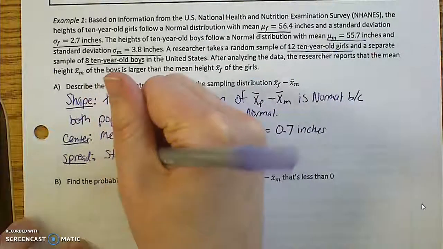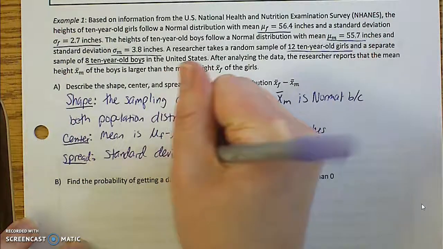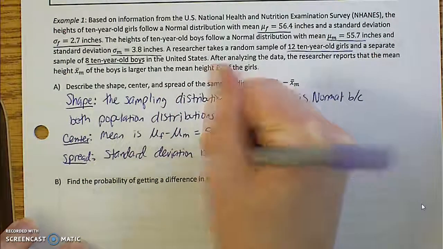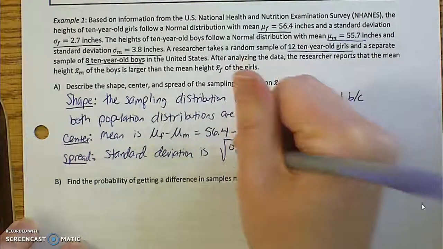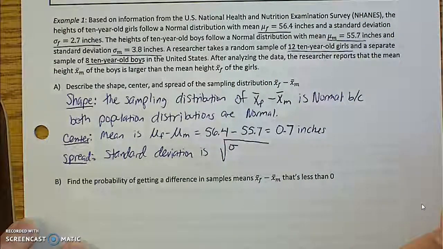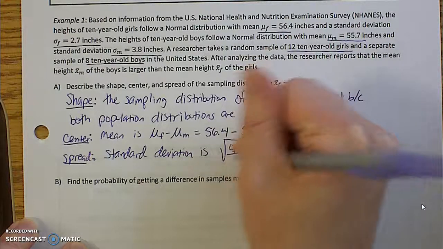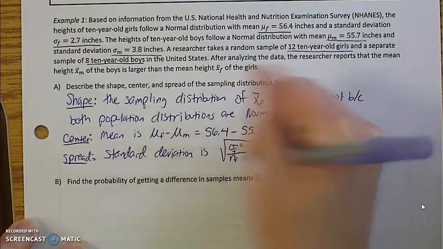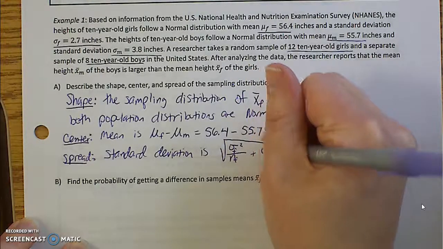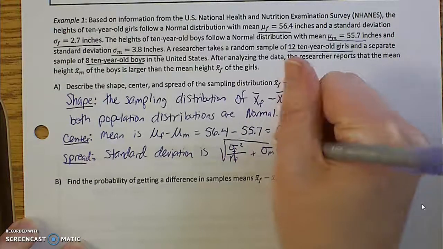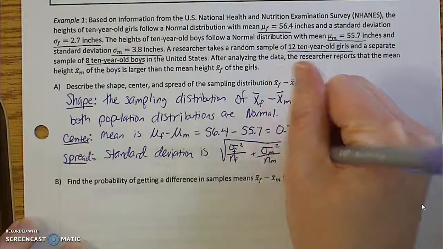The standard deviation is this formula right here. I take the standard deviation of the females and I square it over my sample size for my females. Add that to the standard deviation of my males squared over the sample size of my males.